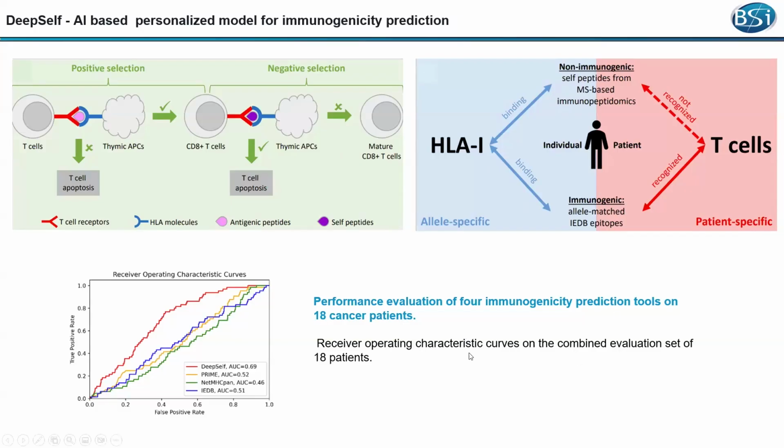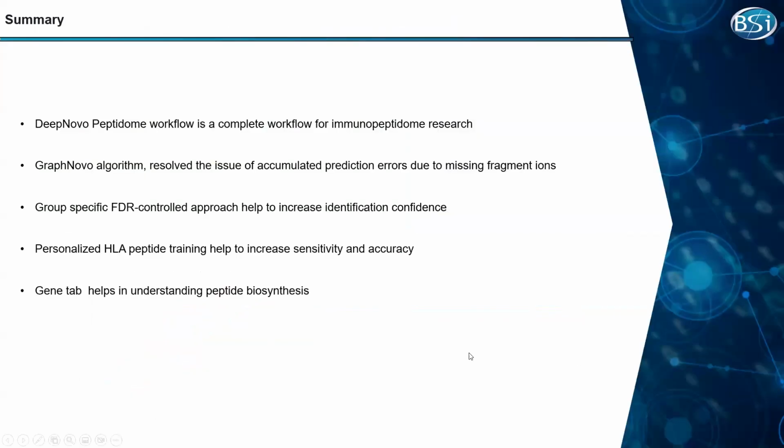In summary, the DeepNovo Peptidome Workflow is a complete workflow for immunopeptidome research. We have the GraphNovo algorithm, which resolves the issue of accumulated prediction errors due to missing fragment ions. We now have a group-specific FDR control approach to increase identification confidence for both non-canonical and canonical databases.